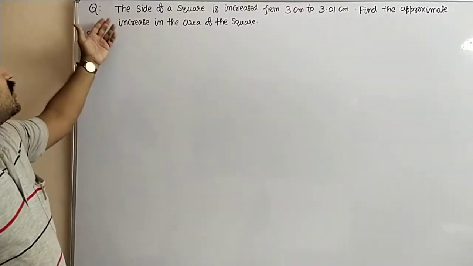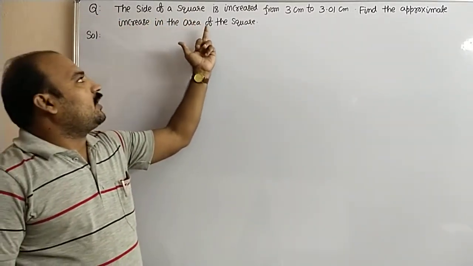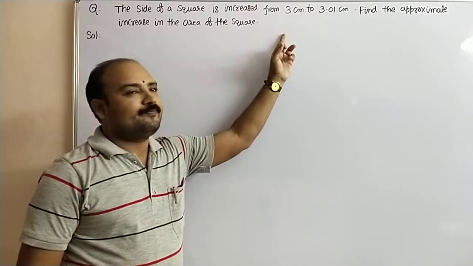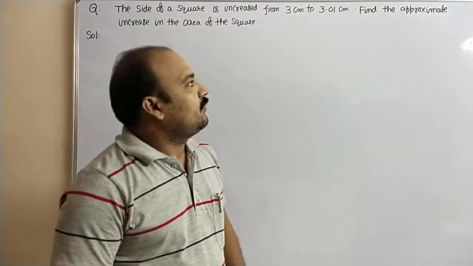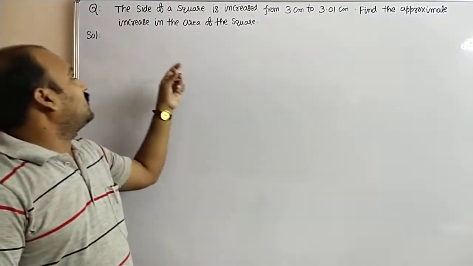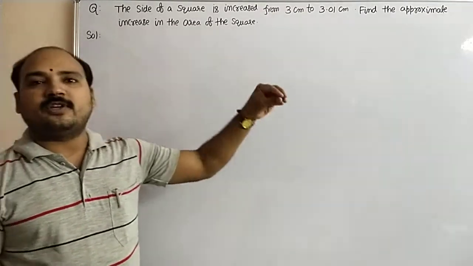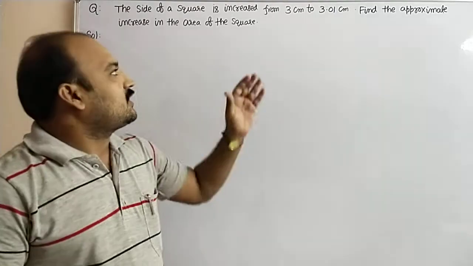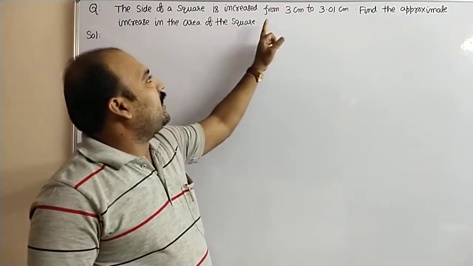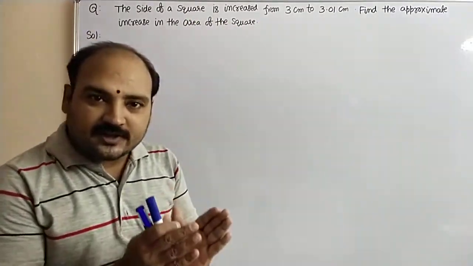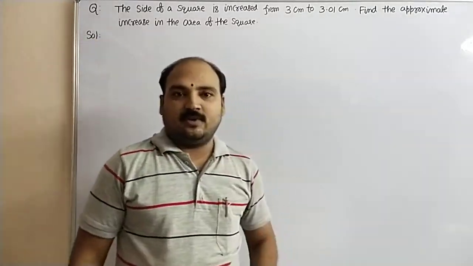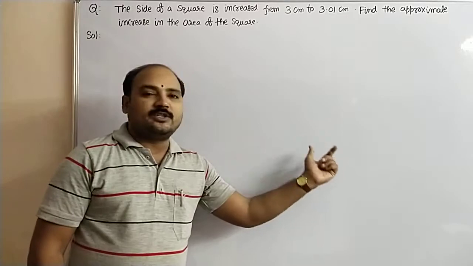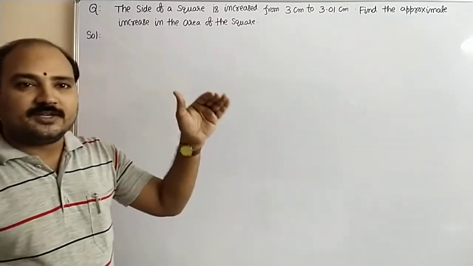See here, first question, the side of a square is increased from 3 centimeters to 3.01 centimeters. Find the approximate increase in the area of the square. So from 3 to 3.01 it was increased.